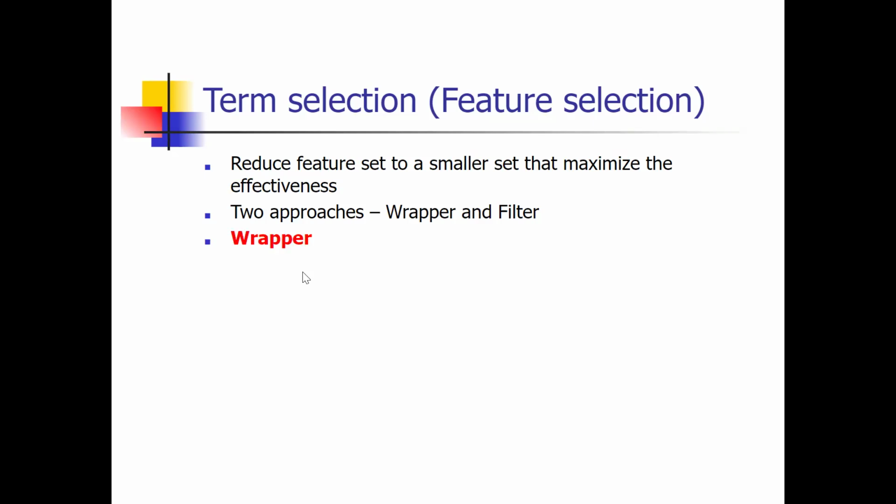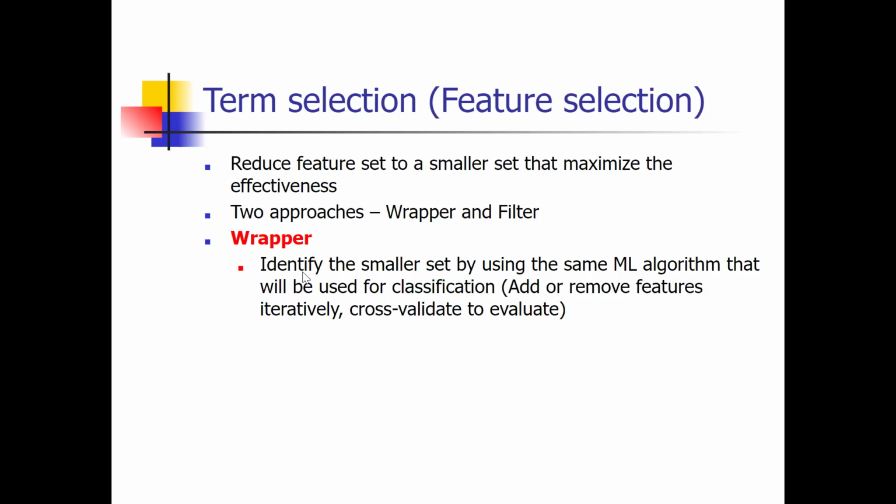In wrapper, you will select a small set using a particular machine learning algorithm. You can iteratively work on the set of features, add and remove, and then evaluate the performance of the algorithm. So the set of features that you select is measured by the machine learning algorithm.